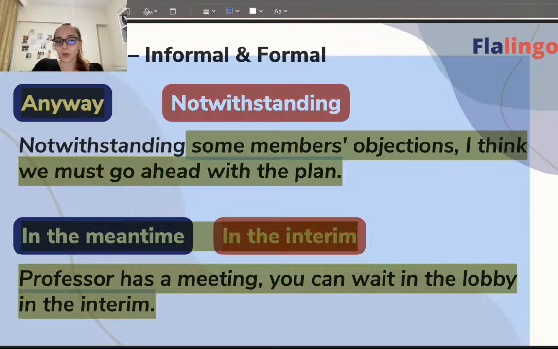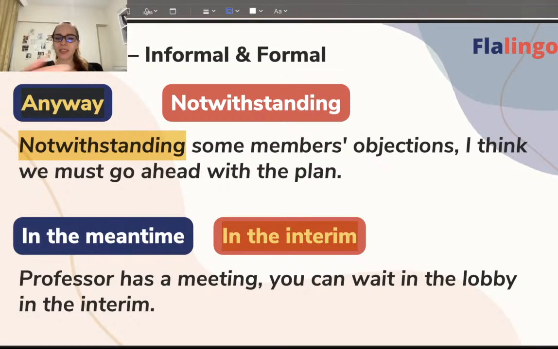Most of the time, you will see this in lawsuits, or written English, but speaking is not so common to use that. Notwithstanding some members' objections, I think we must go ahead with the plan. So as you can see, anyways and anyway is different. So I can't use them alternatively, be careful.